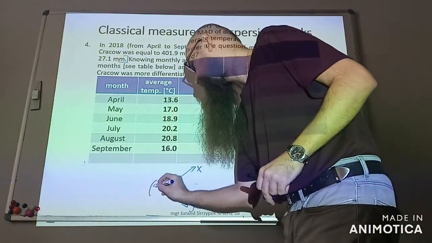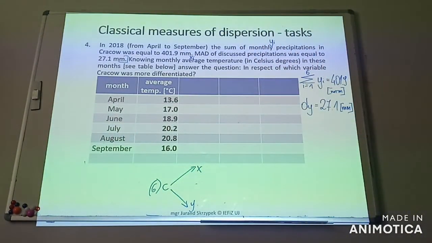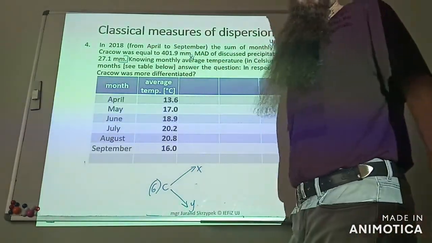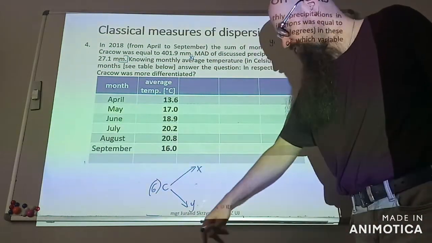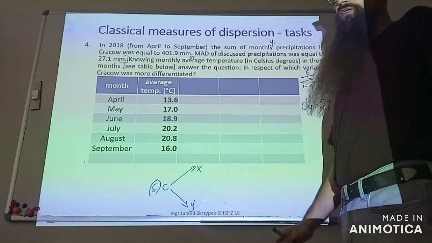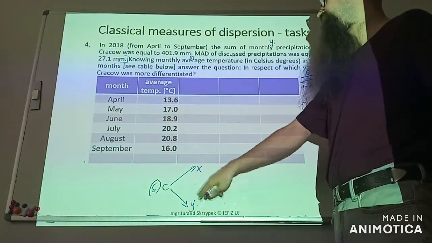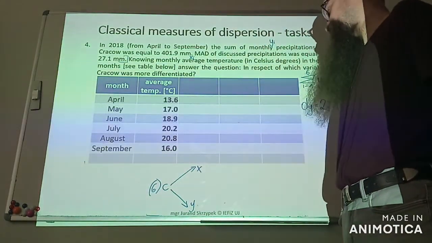And of course, we know that we have measured these variables in a time period of 6 months. So we have a time series, we have Krakow, and Krakow can be described by two variables.